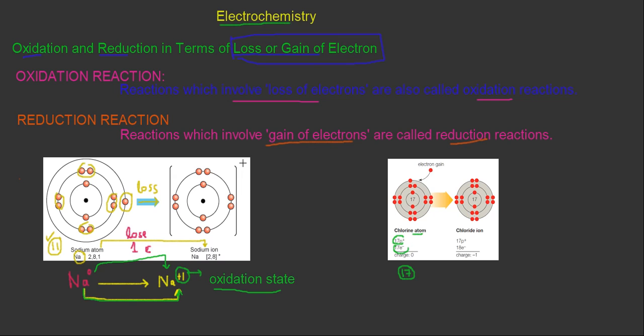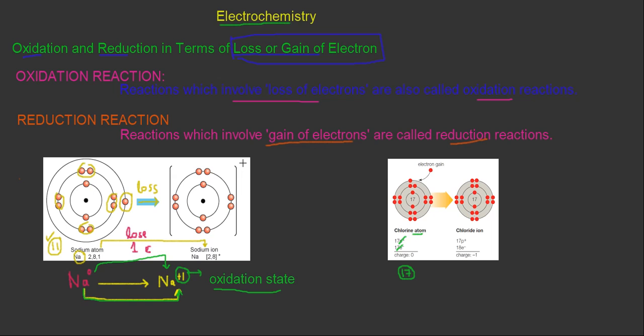So there are 17 positive charges and 17 negative charges. Positive 17 and negative 17 cancel each other out, and as a result we say that the chlorine atom has 0 charge. It is chemically neutral.